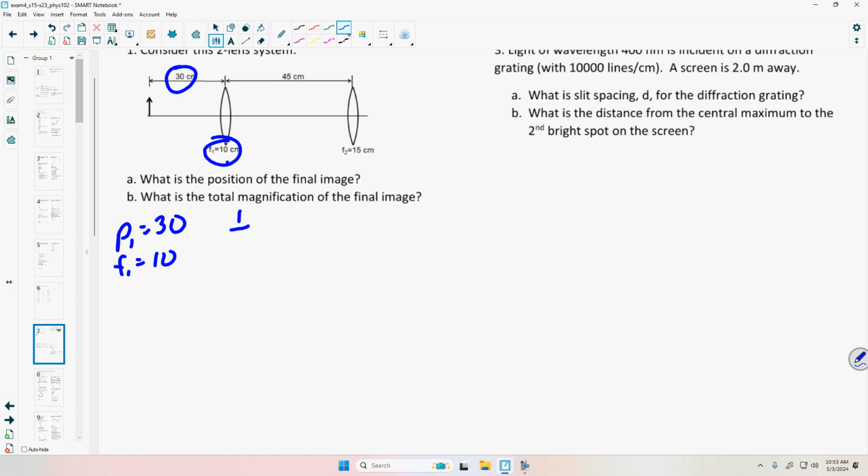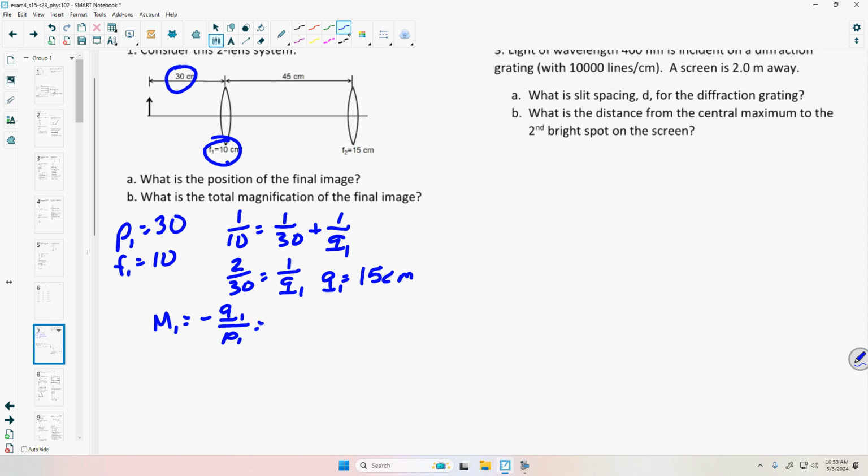So I have 1 over 10 is equal to 1 over 30 plus 1 over Q1. So that's 3 over 30 minus 1 over 30, that's 2 over 30 equals 1 over Q1. So Q1 is equal to 15 centimeters. And then also M1 is equal to negative Q1 over P1, which is equal to negative 1/2.